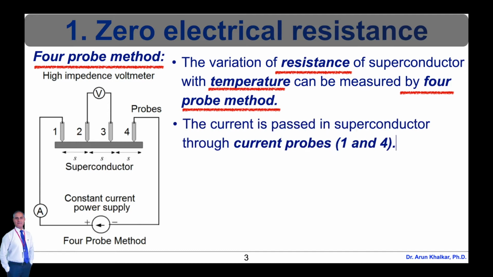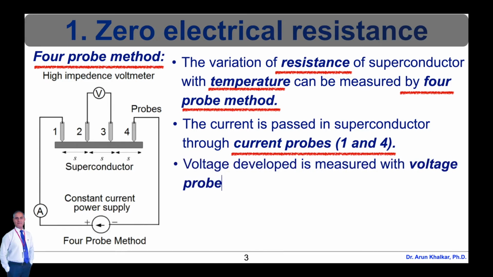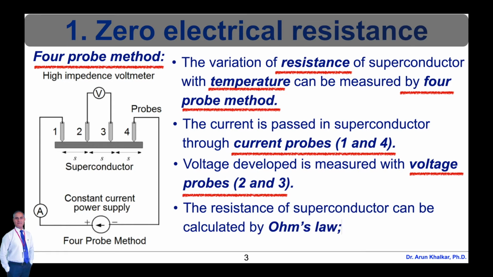The current is passed through the superconductor through current probes 1 and 4 as shown in this diagram. Voltage developed is measured with voltage probes 2 and 3. The resistance of the sample is given by Ohm's law as R = V/I. If the voltage is 0, this means that the resistance is 0.